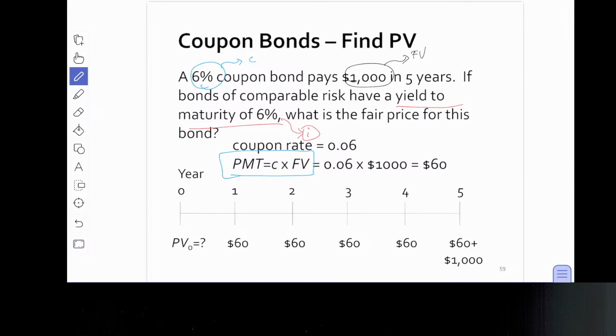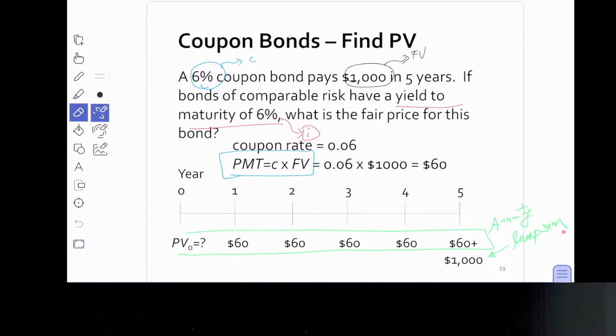So what you have here, you have this set of payments that is an annuity, and this lump sum amount, the face value, which is just a lump sum at the end of 5 years.